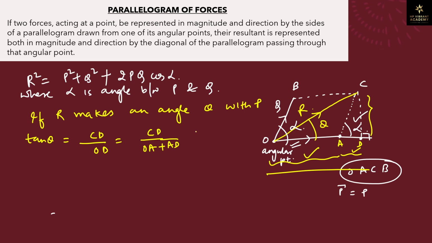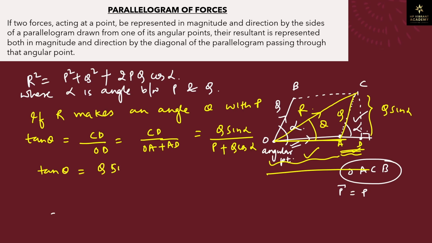CD is equal to Q sine alpha. So tan theta is equal to Q sine alpha upon OA, which is P, plus AD, and AD is Q cos alpha. So tan theta is equal to Q sine alpha upon P plus Q cos alpha.